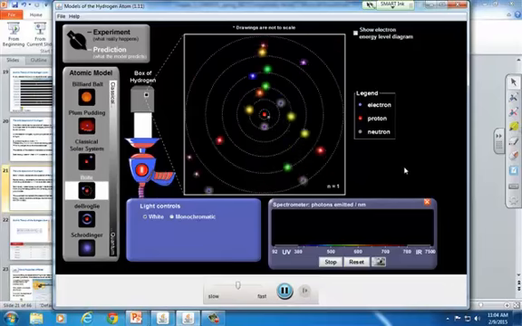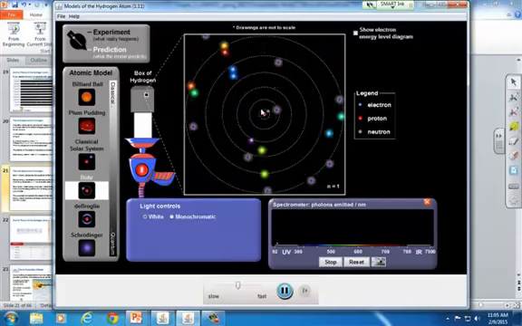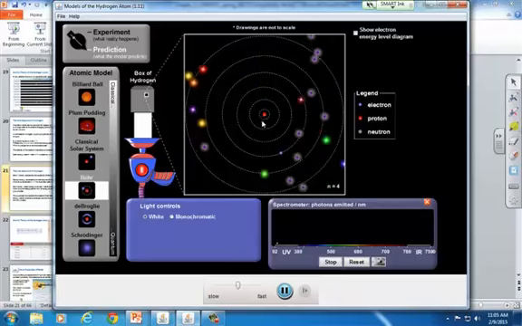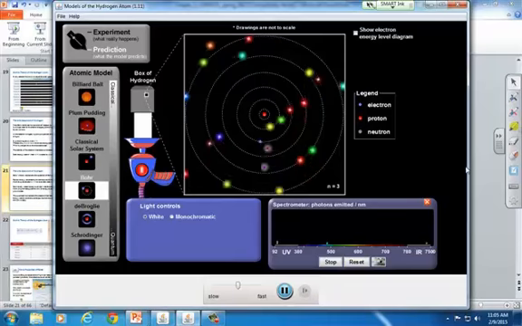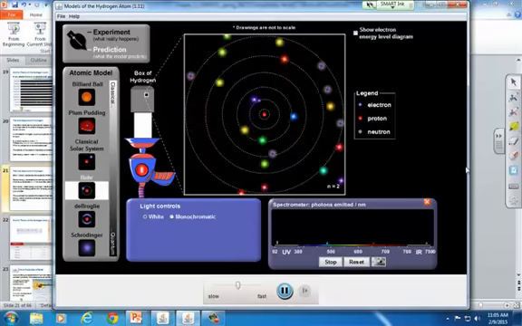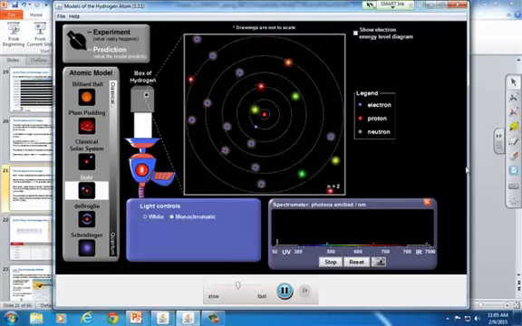So this is Niels Bohr's model. Bohr said that the electron is kind of like in an orbit or a specific energy level. This model came from the experiment we just saw, where we know the electron can't just be anywhere.